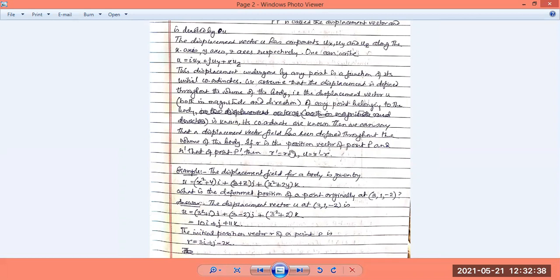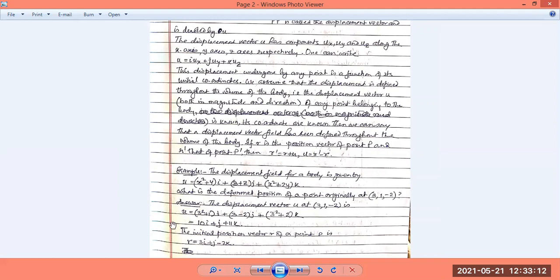If r is the position vector of the point P, meaning we know the coordinates of P, and the position vector of the point P dash is given in terms of r, then r dash will be given by r, the position vector at point P, plus the displacement vector u. Then the displacement vector is the difference between the position vector r dash minus the position vector r.